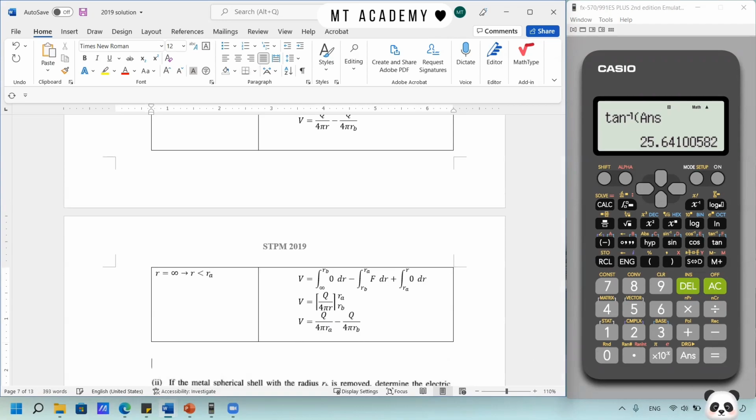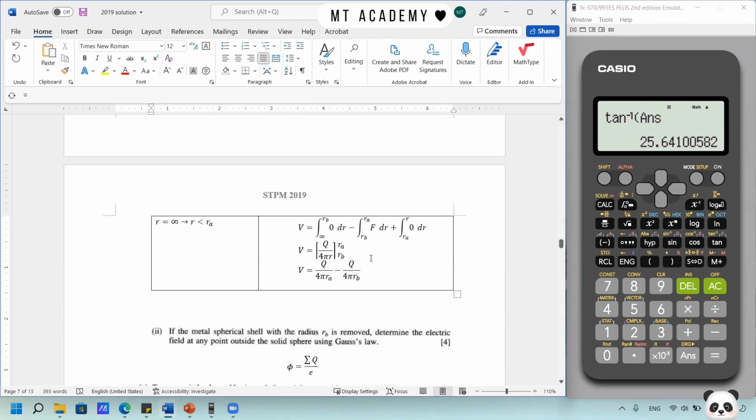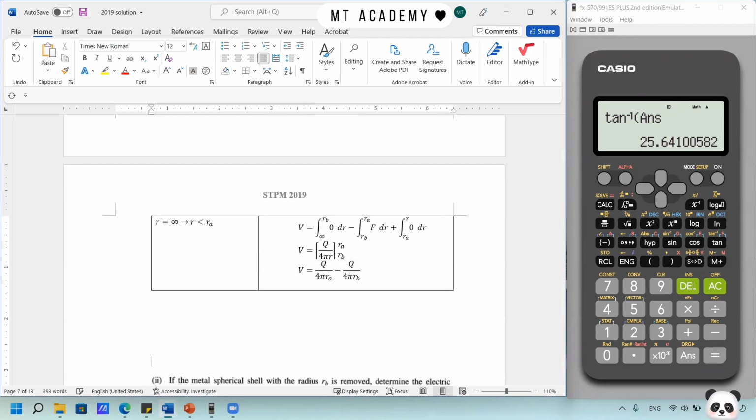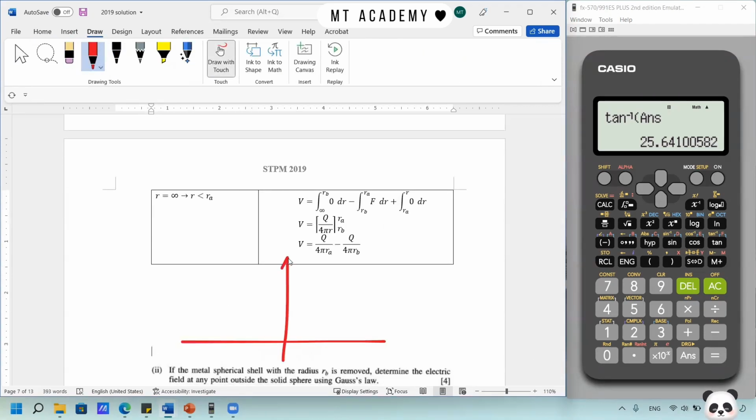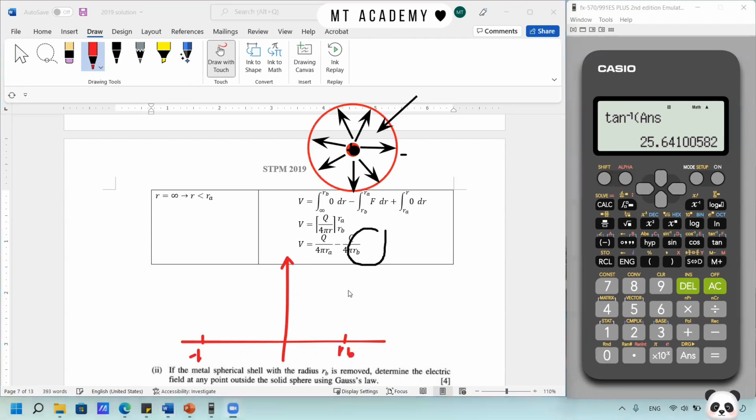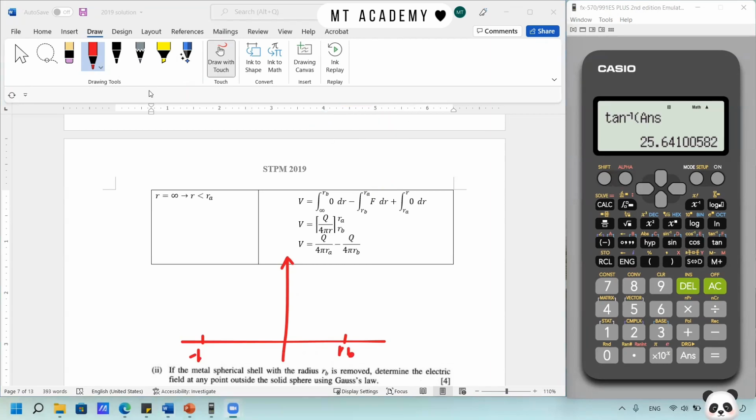If you want to plot the graph of the electric potential from infinity to a point inside the metal sphere, we have done it before. From infinity to the point RB, it is zero.